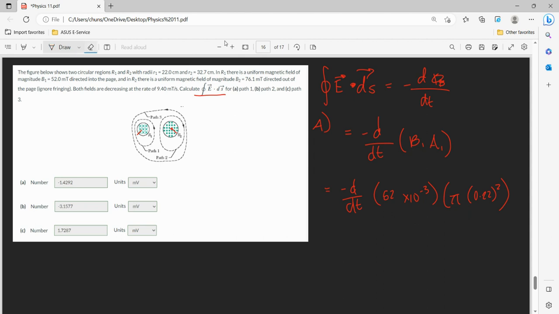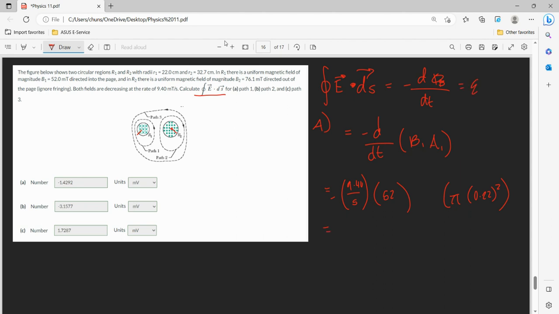And both are decreasing at a rate of 9.40 milliteslas per second. So actually, since that's in milliteslas, I'm going to keep this in milliteslas too, and then we can just expect to get millivolts as an answer.